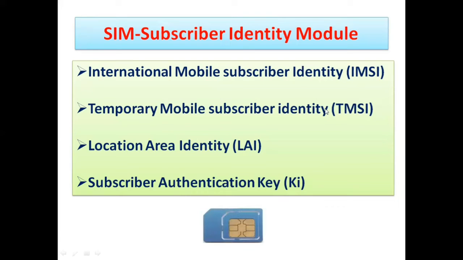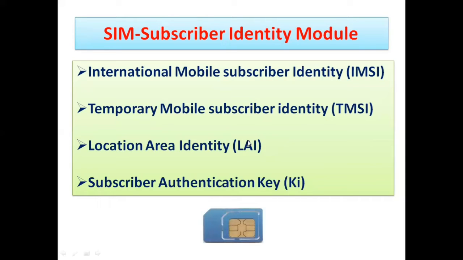For establishing the call, all the time the network will only make use of the TMSI, and this TMSI is also available in the VLR, correspondingly in the HLR, as well as in the user equipment, in the SIM also. And since the user is moving from one area to another, the location area is known by a number called the Location Area Identity. This corresponds to the service area of the BSC.